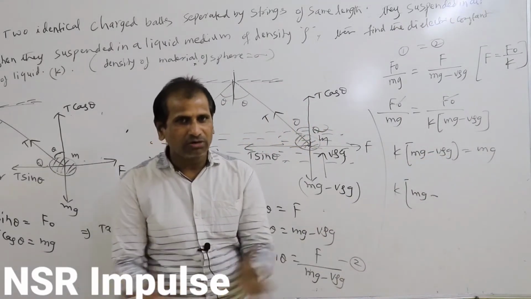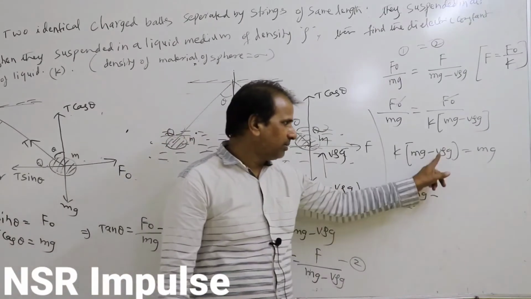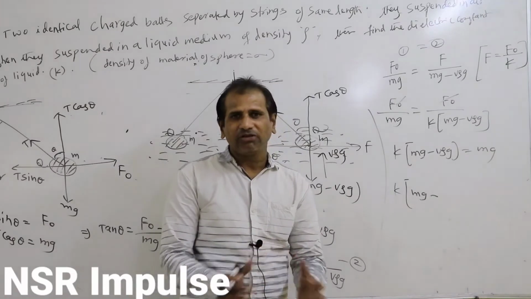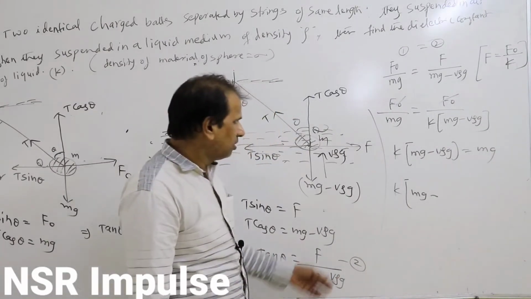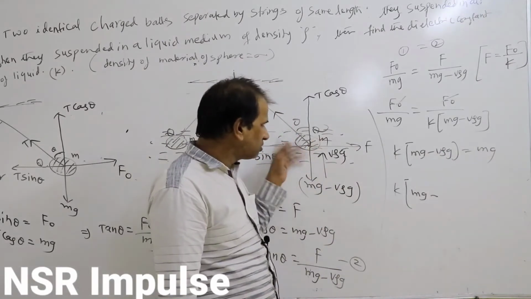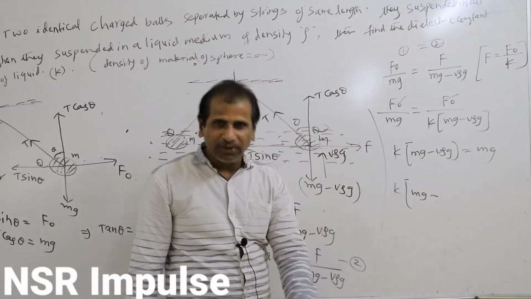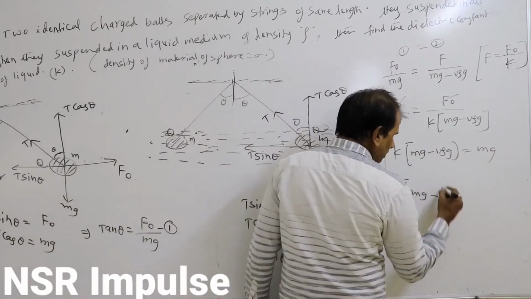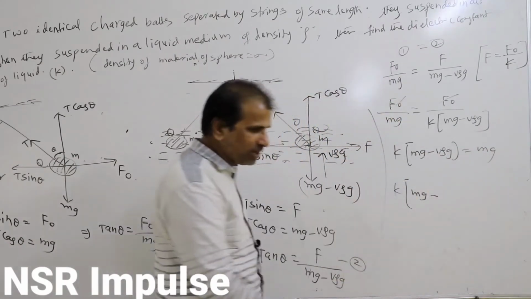So how much volume of liquid got displaced? V means volume of liquid displaced, which is equal to the volume of the sphere. See, your sphere is completely dipped in the liquid. That's why volume of liquid displaced is equal to volume of the sphere.